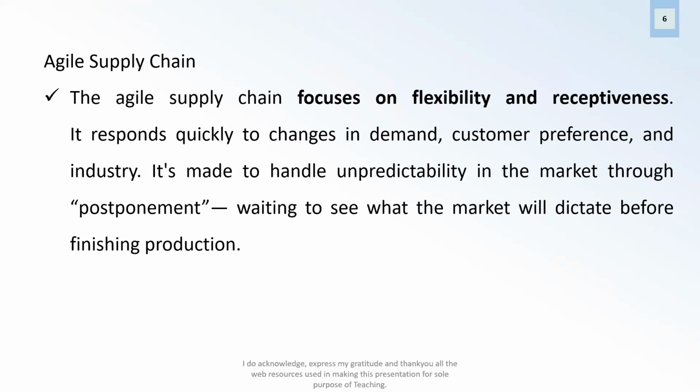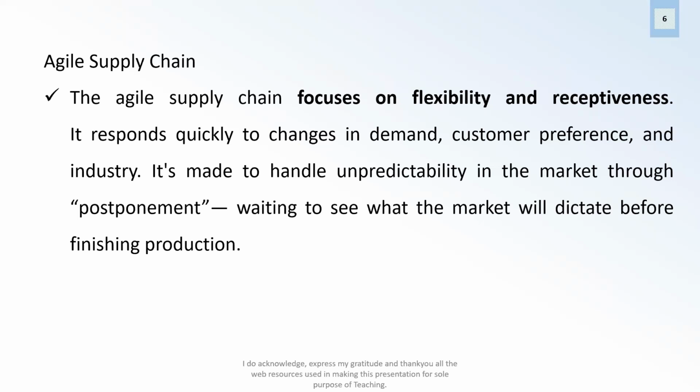Supply chain, you can see the whole supply chain, it's a mammoth of activities, huge processes. But the agile supply chain tries to keep it so light that one small change from the customer or the market pattern can be easily accommodated and the demanded product can be created.